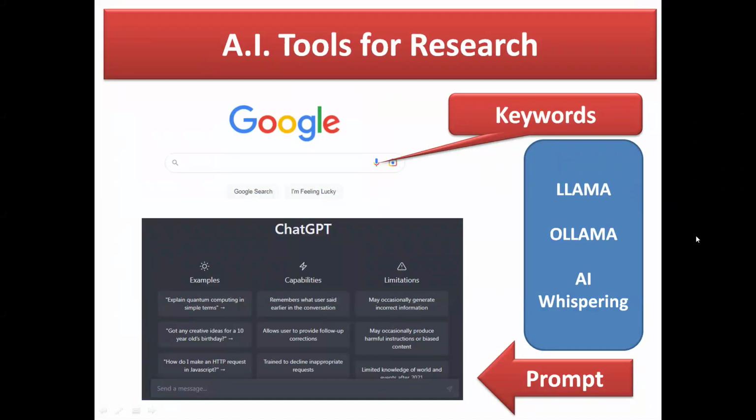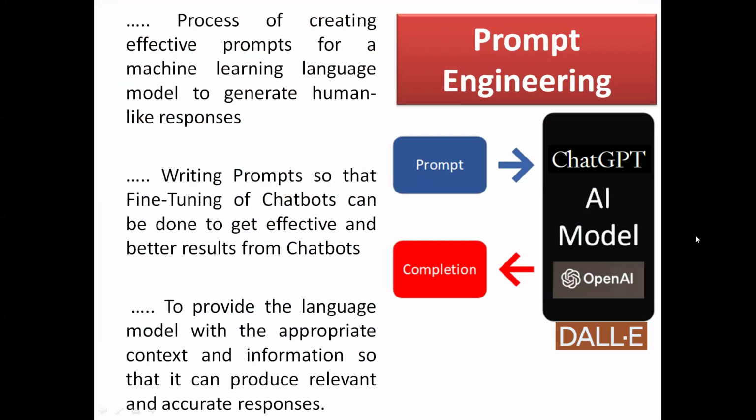document research, document analytics, white paper analytics, or creating presentations. How to write the prompts? As far as this term is concerned, prompt engineering means how to give a particular input to an AI chatbot so that the best output can be generated.